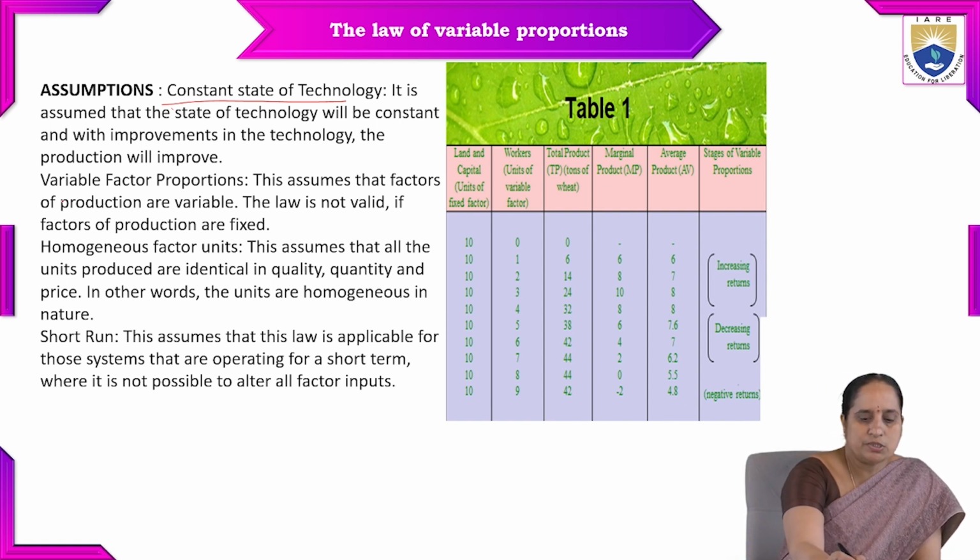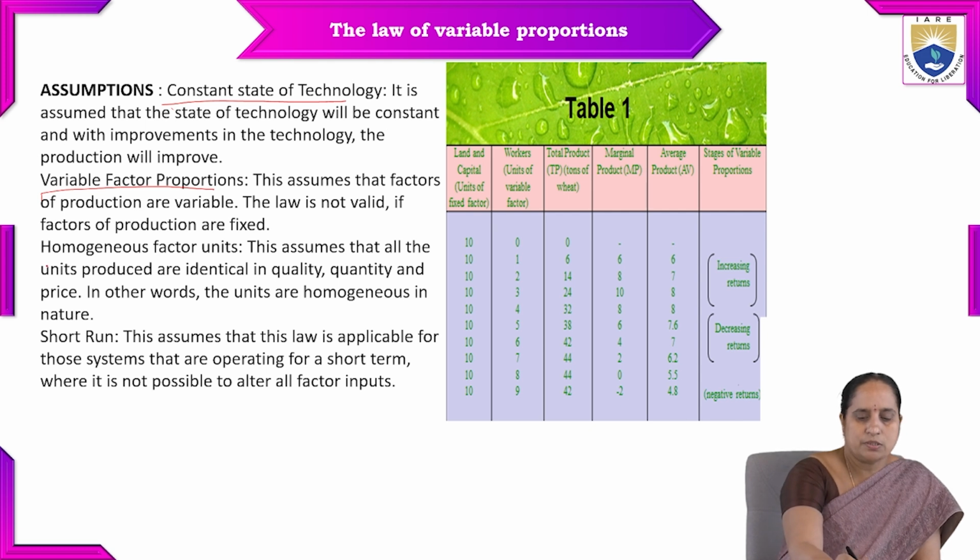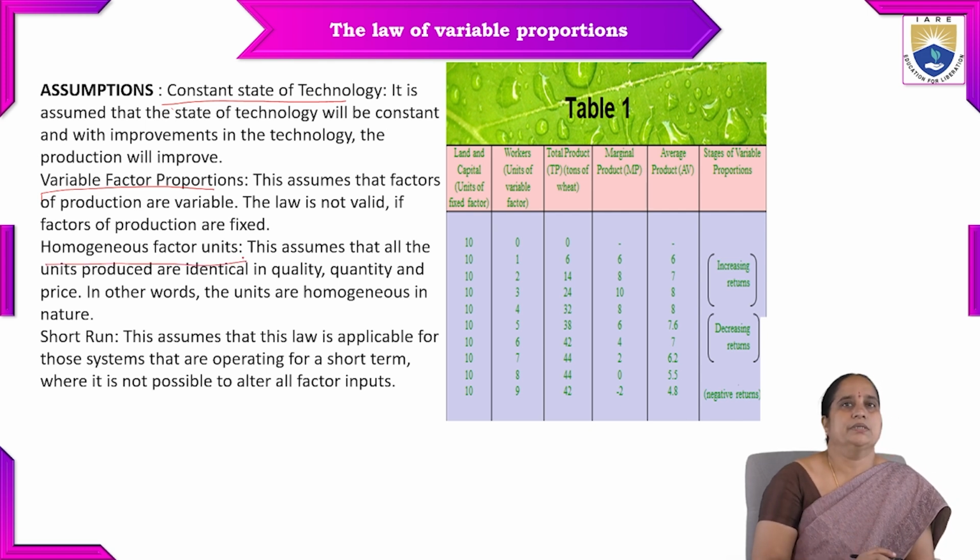The second assumption is variable factor proportions. This assumes that factors of production are variable. The law is not valid if factors of production are fixed. Third assumption, homogeneous factor units. It assumes that all the units produced are identical in quantity, quality, and price.